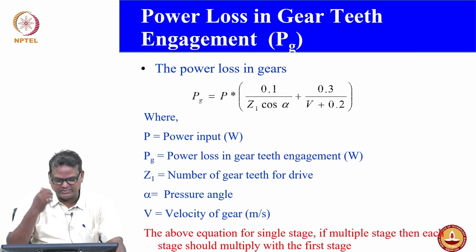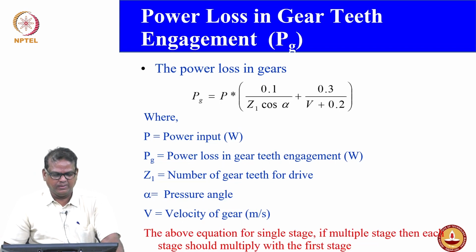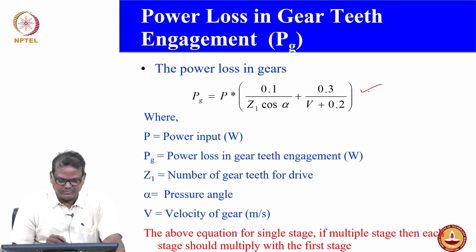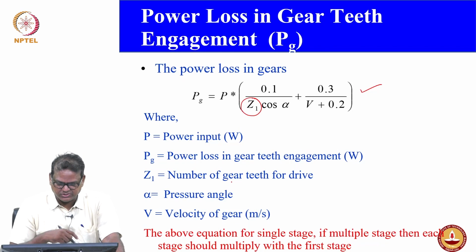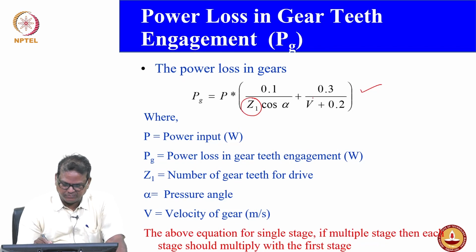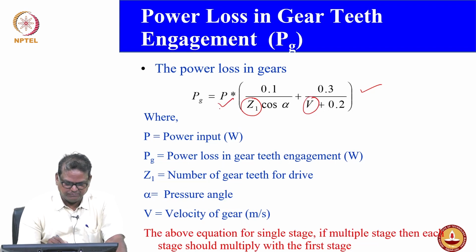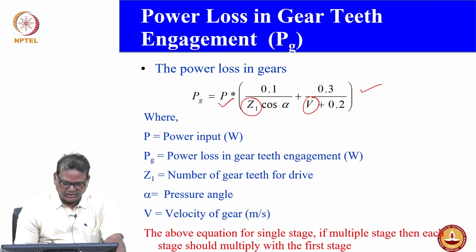Maybe you can see this equation, power loss in gear teeth engagement. Z1 is the number of teeth engaged, V is the velocity of the gear, which is pitch line velocity, P is the power input, and alpha is the pressure angle, right.